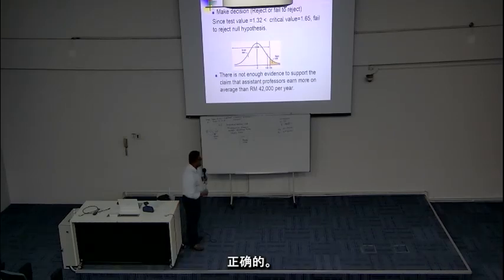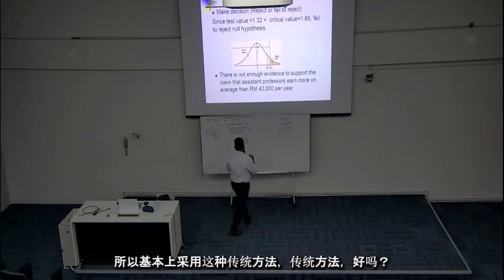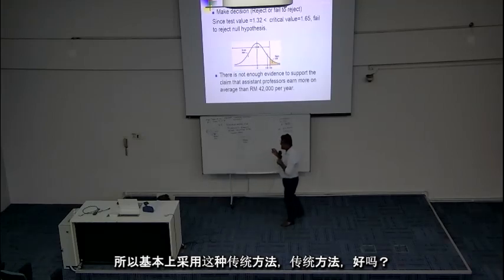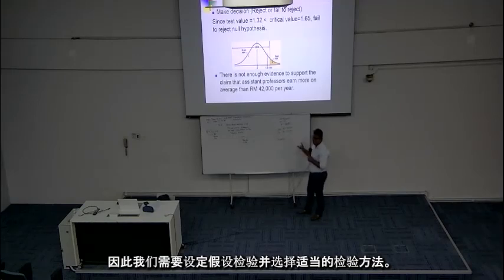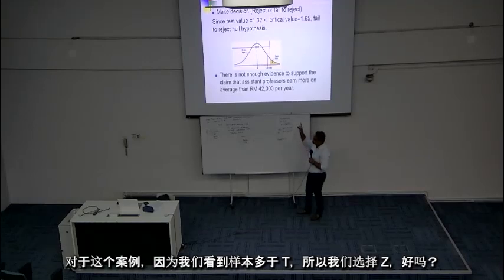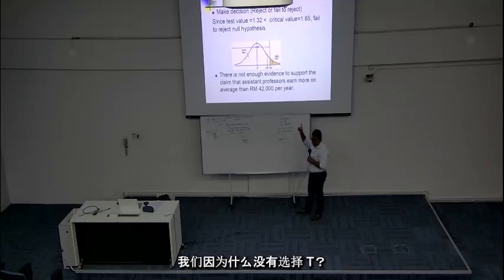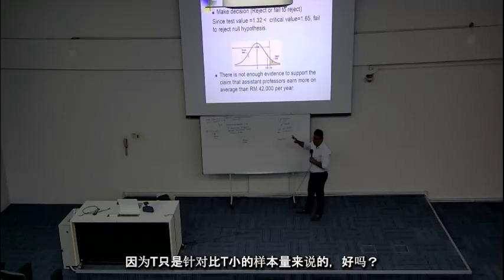Okay, so basically in this traditional method, we need to set our hypothesis testing and choose the appropriate test. For this case, because the sample is 30 or more, we select the Z. We didn't select T because T is only for small sample sizes.